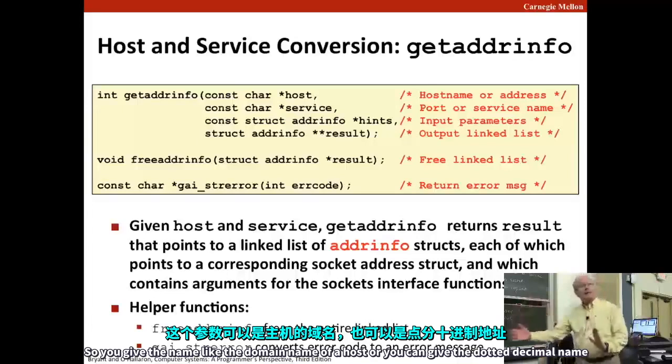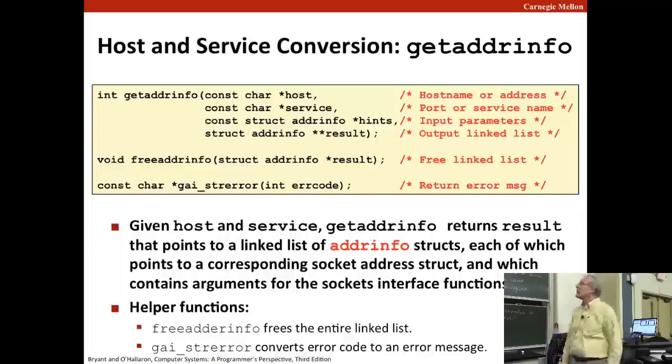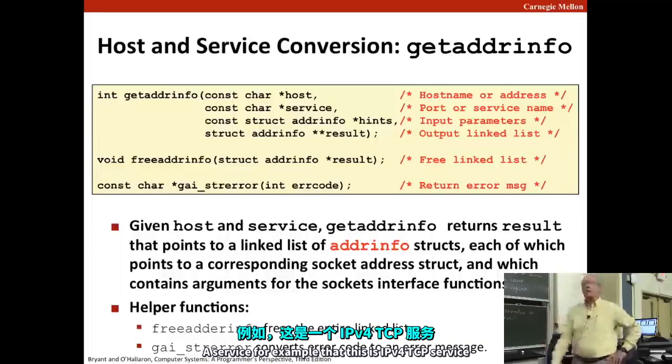So you give the name, like the domain name of a host, or the dotted decimal name written as a sequence of characters, 1, 2, 8, dot, and so forth. Then a service, for example, that this is an IPv4 TCP service.